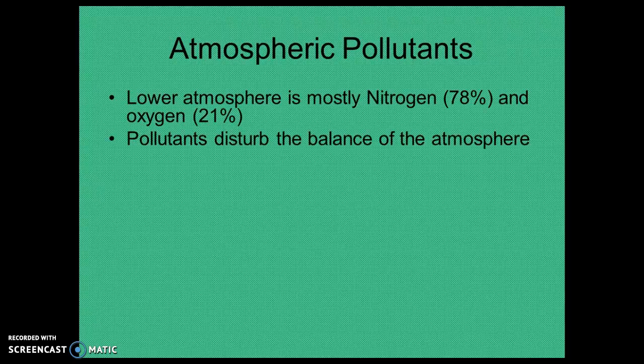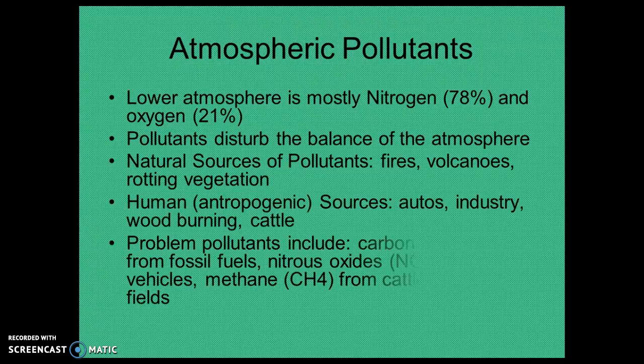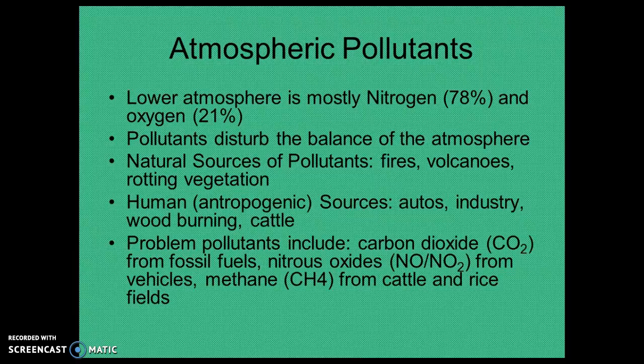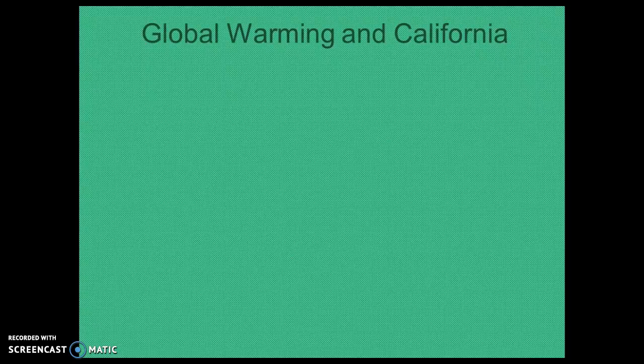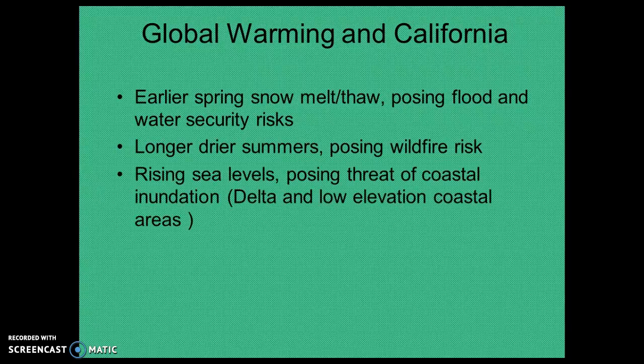The role of atmospheric pollutants is one that is a concern. There are natural pollutants, but of course human industry is a major concern, with carbon dioxide and methane being two of the more prominent ones. As I mentioned earlier, snowpack, longer, drier summers.